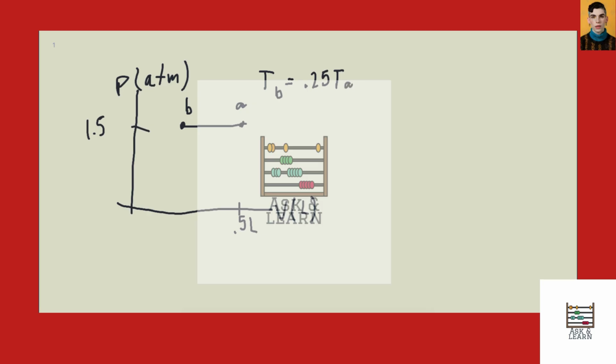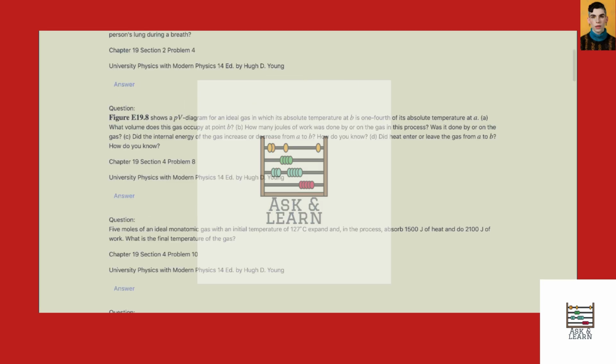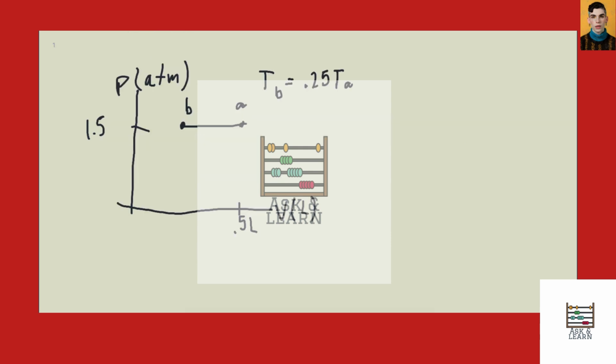Okay, so first we're asked to find the volume of gas at point B. To do that, we want to invoke the ideal gas law, which states that PV equals nRT, and then rearranging that to solve for volume, you get V equals nRT divided by P, just dividing both sides by P. And here we can see what happens to volume if we change the temperature.